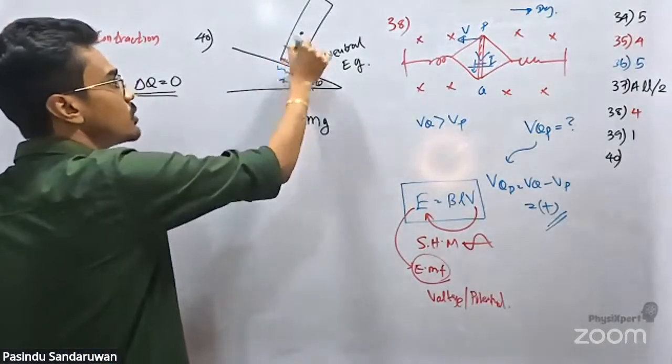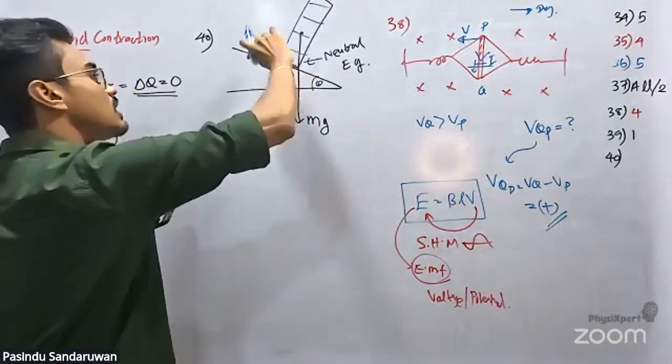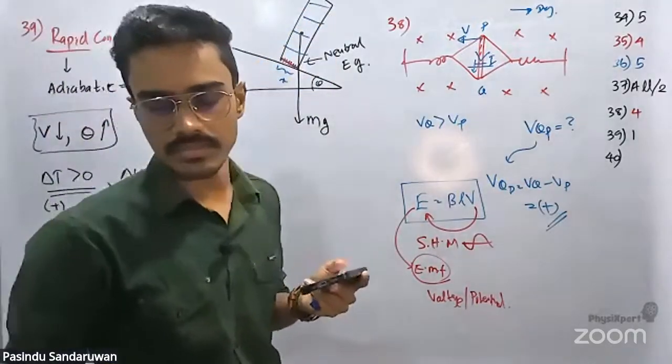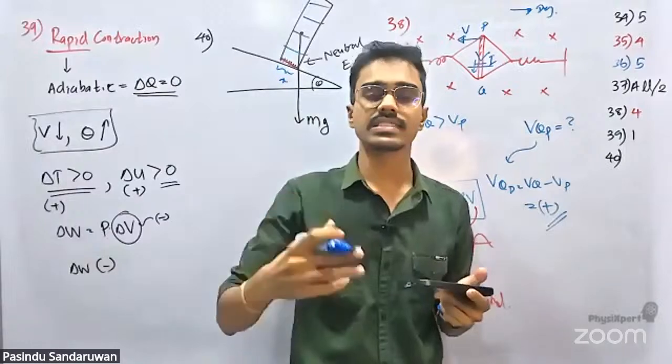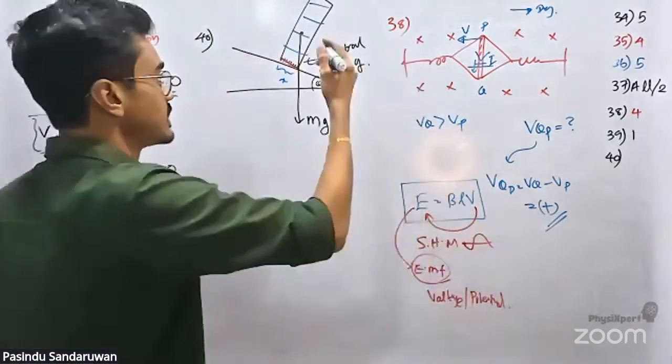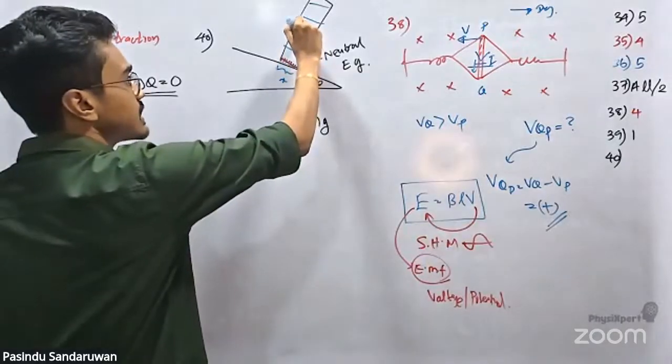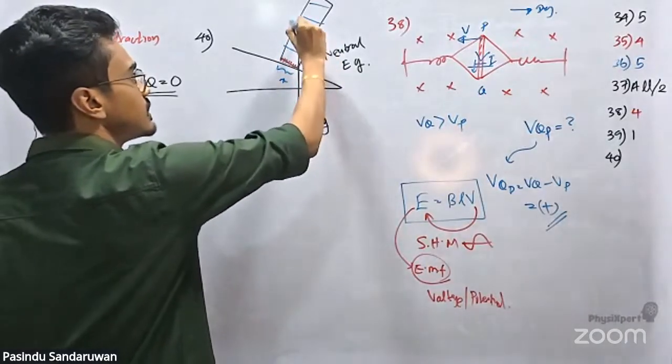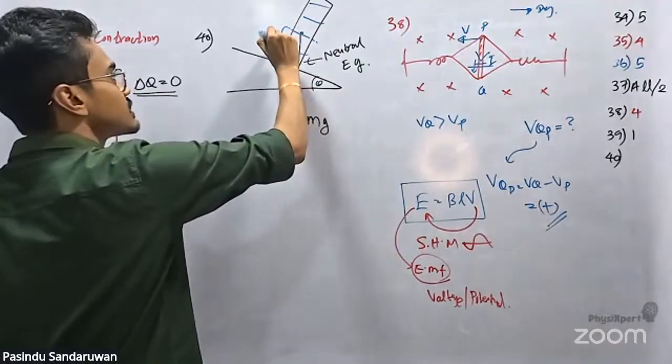Now, I don't know how many cubes are here. I'm just going to consider the system at once and find out the height to the center of gravity. So let's say the height to the center of gravity here is h.